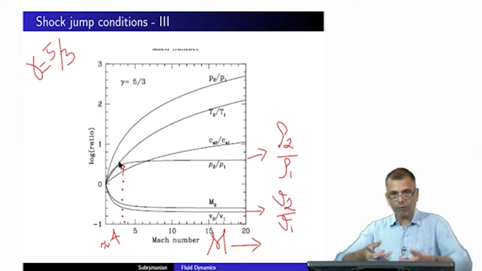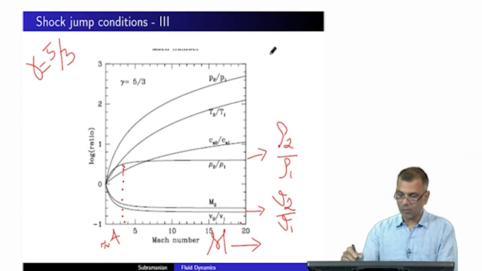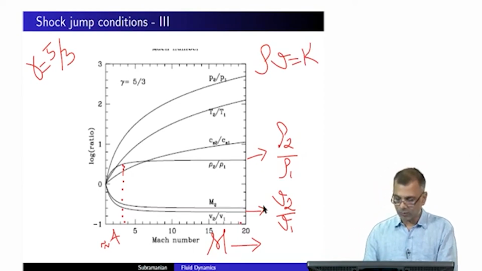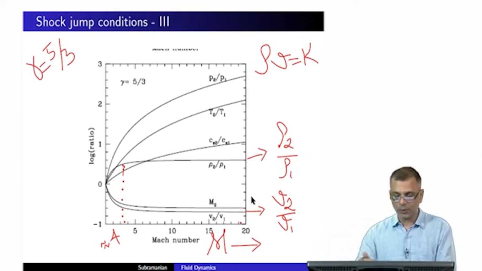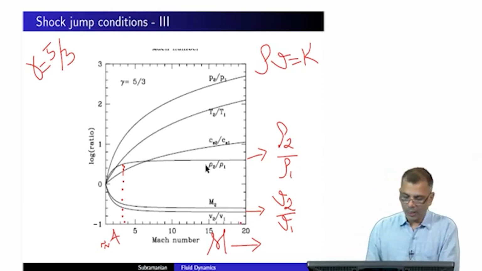this looks like a flip of the density jump ratio, and indeed it is, because remember rho v is constant. So in other words, rho 1 over rho 2 is equal to v2 over v1. So if you're plotting v2 over v1, it's exact opposite of rho 2 over rho 1, right?